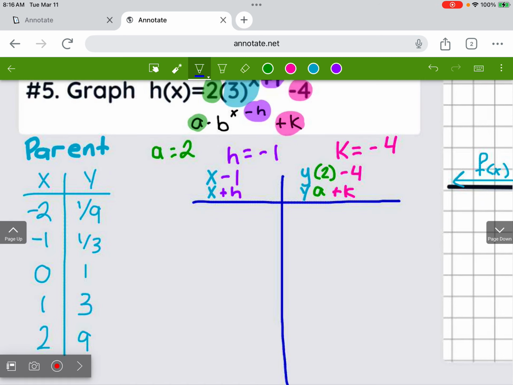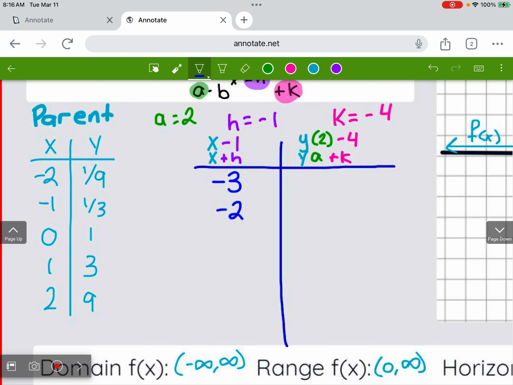So -2 minus 1 gives us a -3. My -1 minus 1 gives me a -2. 0 minus 1 is -1. 1 minus 1 is 0. And 2 minus 1 is 1. So I'm just applying that same transformation to all my x's.